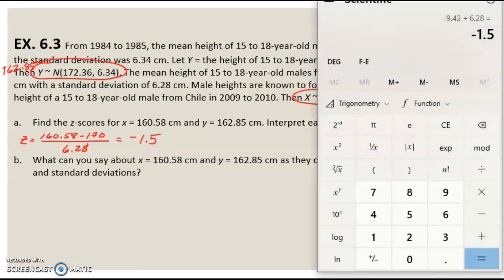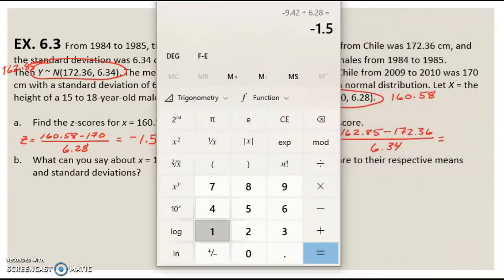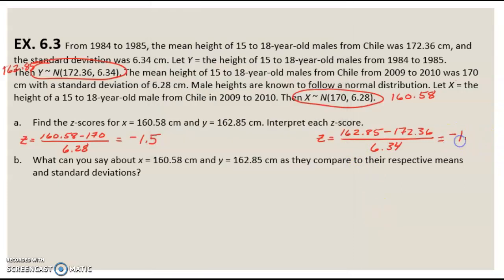And this one, we get 162.85 minus 172.36 divided by 6.34. It is also negative 1.5.